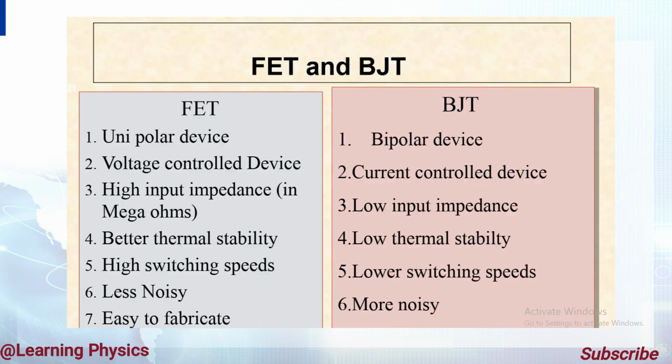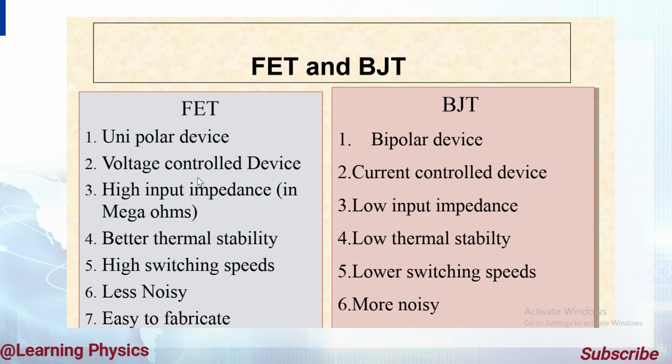And these are some differences between FETs and BJTs. FET is a unipolar device in which at a time only electrons or holes take part in conduction. But if we talk about the bipolar junction device, both electrons and holes take part in conduction at a time.